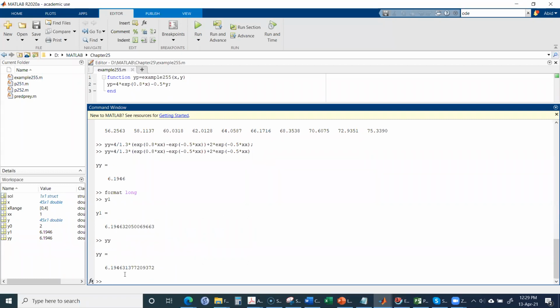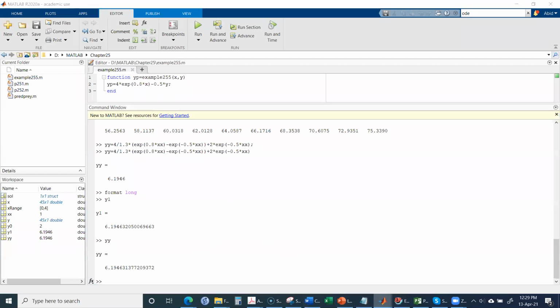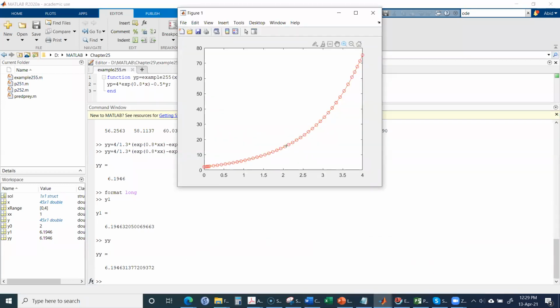The difference is after maybe the fourth or fifth digit. This means that although the solution is quite close, it is not the exact solution. There is still some difference between the numerical and the analytical solutions.